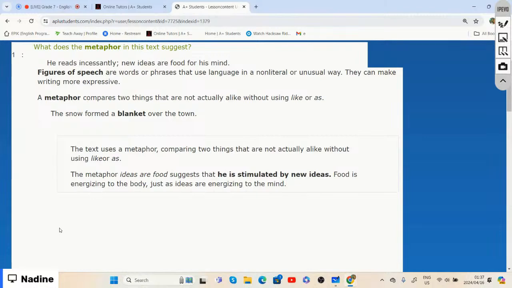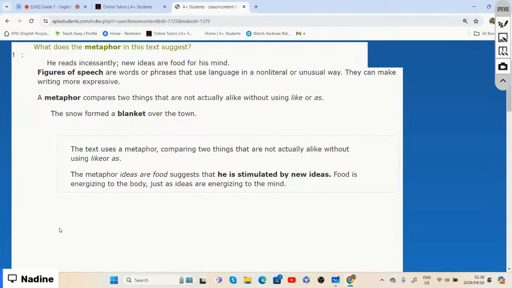So if we look at the sentence that says he reads, what is the word, incessantly, new ideas of food for his mind, that is a metaphor, right? It suggests that he is stimulated by new ideas.